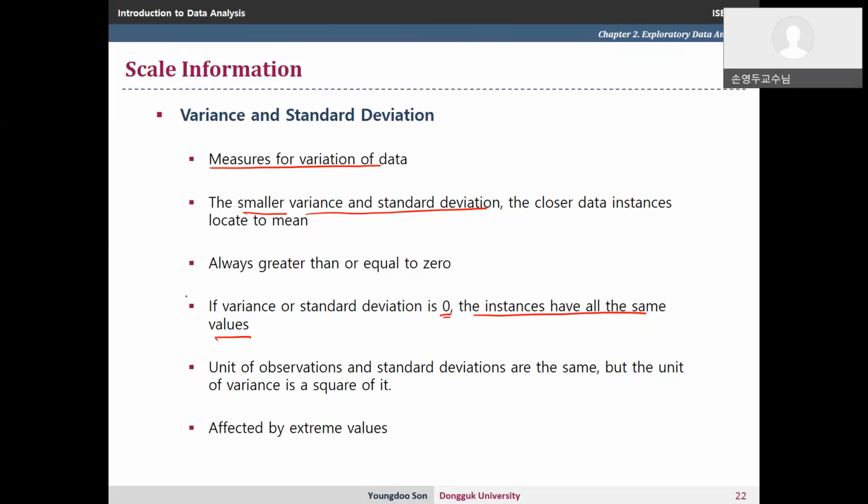Okay, this one is important. And as I mentioned, the unit of observation and standard deviation are the same, but the unit of variance is a square of it. And they are also affected by the extreme values because they also use all the observations.